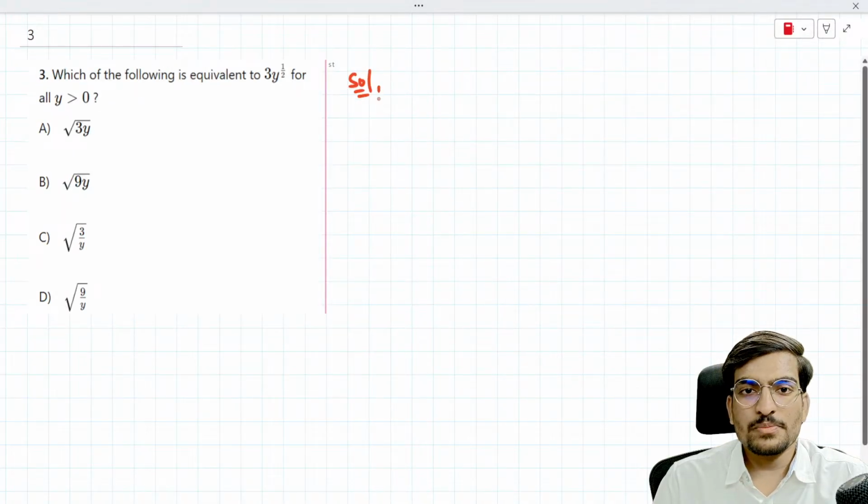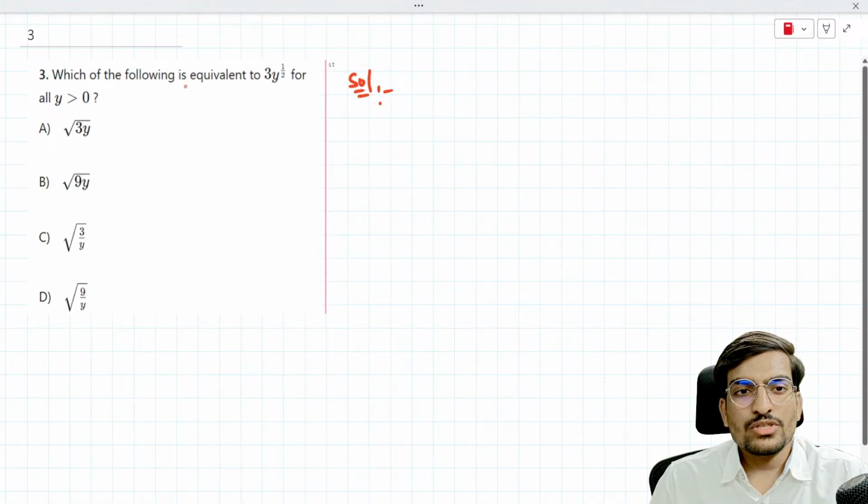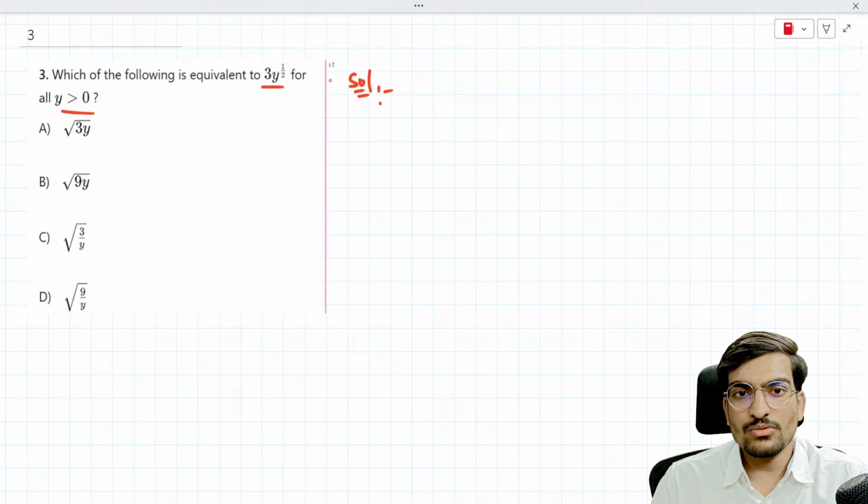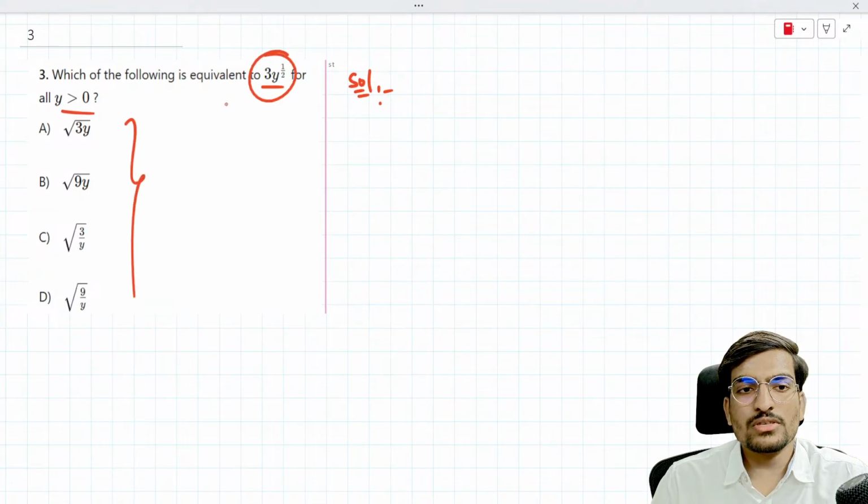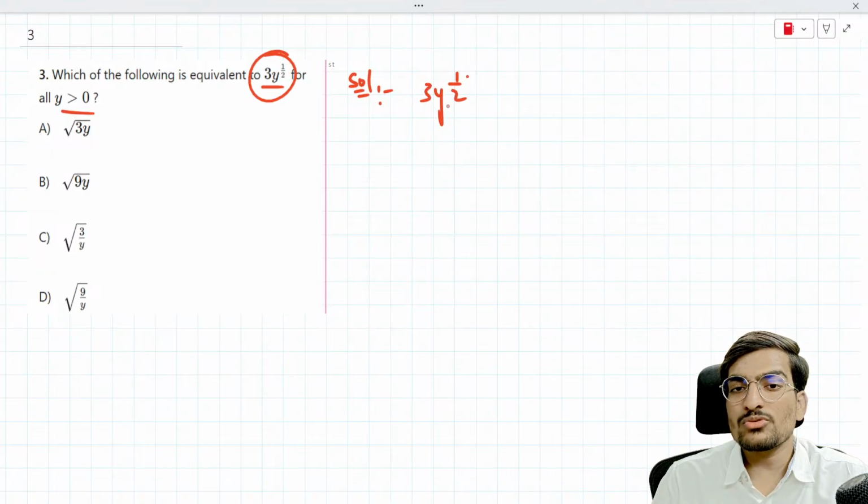Let's see question 3 now. Which of the following is equivalent to this for all y greater than 0? Here the difference for this question is that in the options there is no square root. So 3y raised to the power of 1 by 2. Remember, this power is only for y, not for 3.